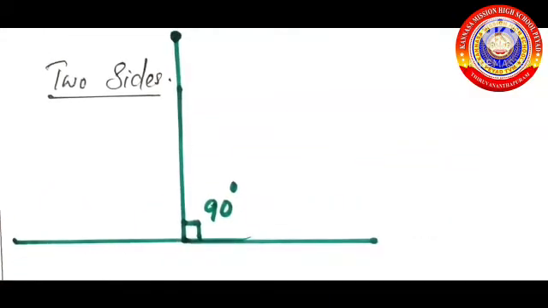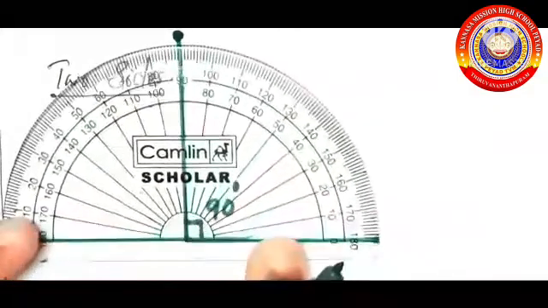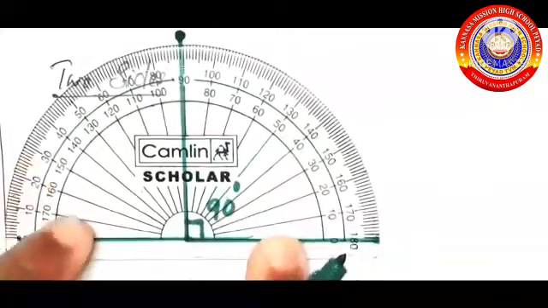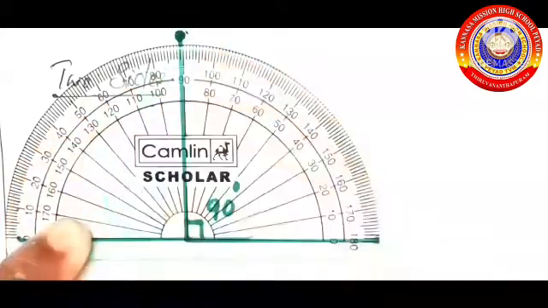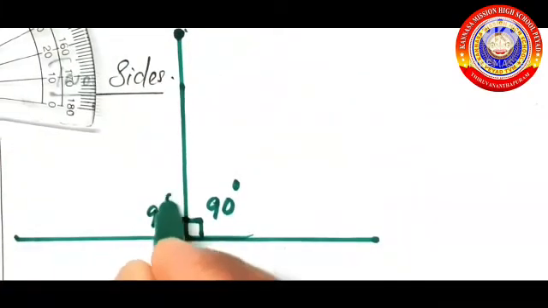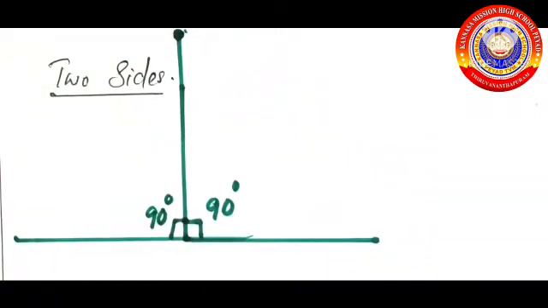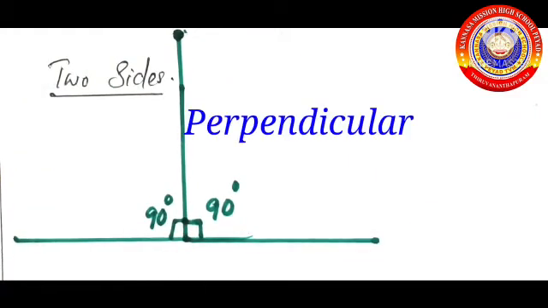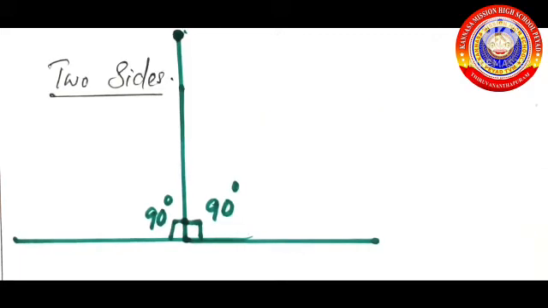Now there is another angle on the left side of the vertical line. What is its measure? Yes, it is 90 degrees. That is, perpendicular means straight up, not leaning to the left or right.